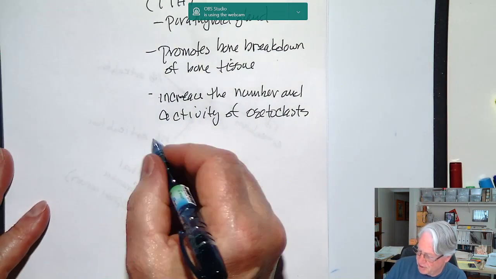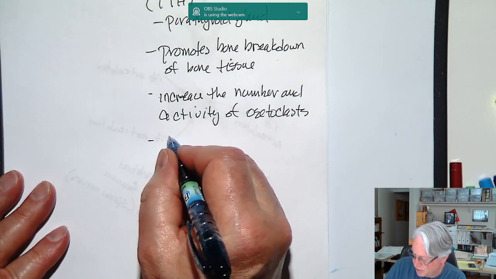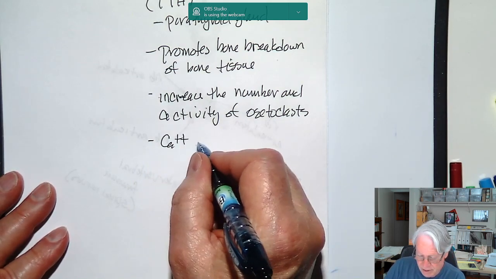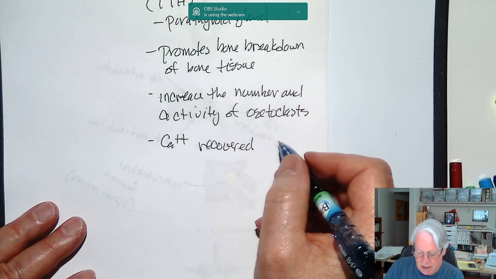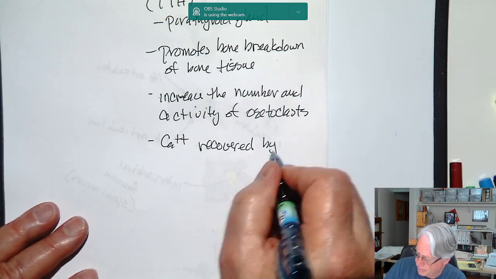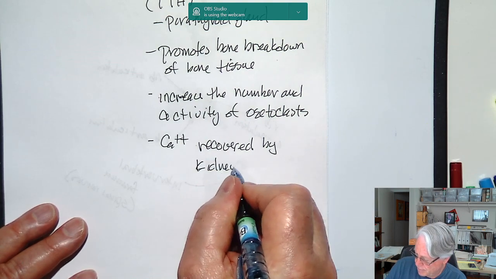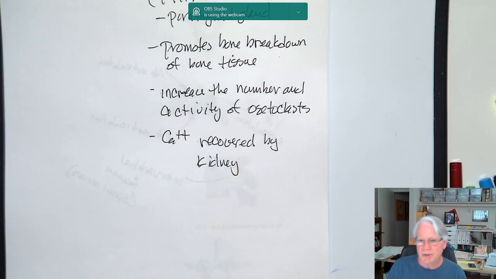The calcium that's released then is going to be recovered when it's filtered by the kidney. So it's kind of a two-part story. You're going to increase the calcium levels by breaking down bone. The increased calcium then, instead of being filtered out and ending up in your urine, is going to be captured in the kidney and saved there. So the parathyroid hormone also has an effect inside the kidney.